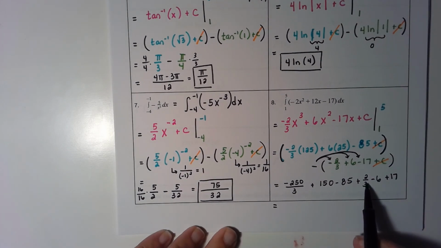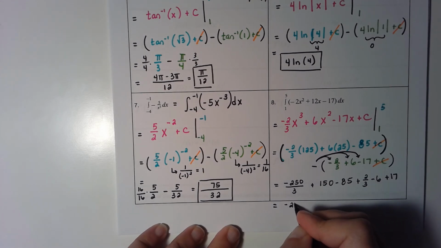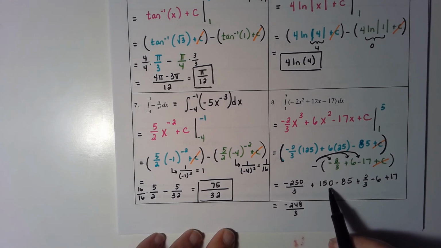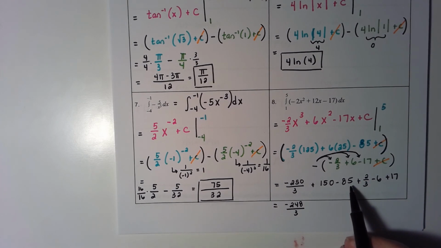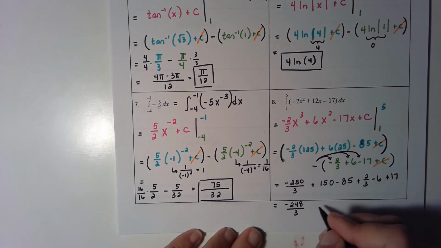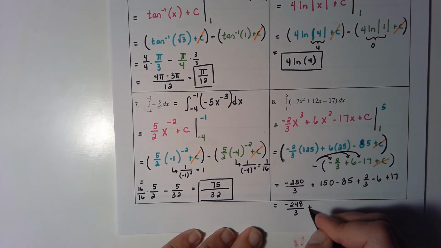Okay, so this negative 250 over 3 plus 2 over 3 would be negative 248 over 3. And then 150 minus 85 would be, let me think for a second, 65. 65 minus 6 would be 59. 59 plus 17 would be 76.